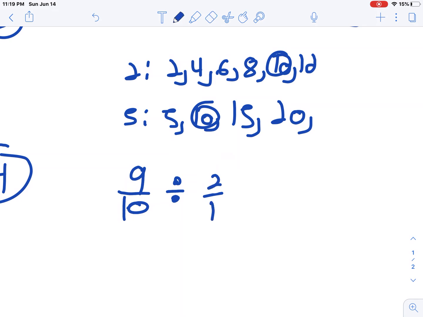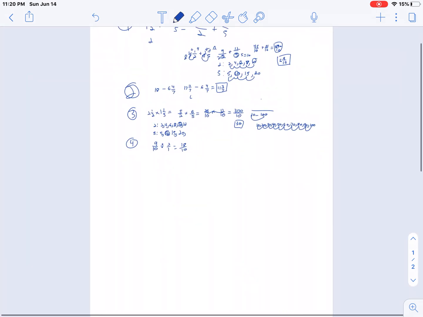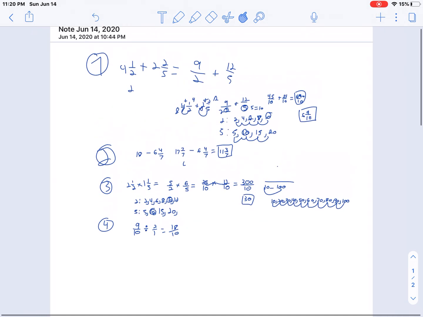You're probably asking, why am I doing that? Keep, change, flip. You'll learn about it. What it is, I just flip the numbers. It's so easy. And now you just multiply them. That's your answer. It is so easy, and I hope you guys learn that trick to keep using for the years.